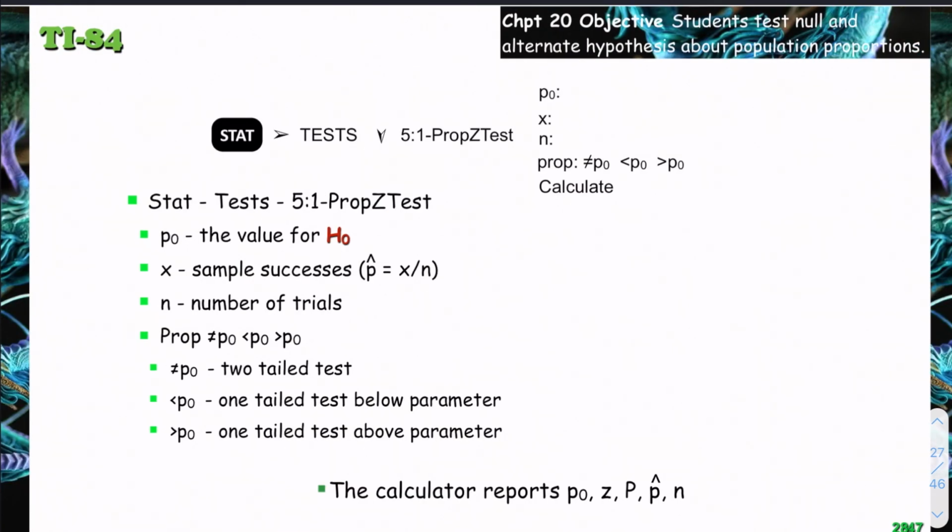So again, on your calculator, we're going to go STAT, TESTS, 1-PropZTest. Our calculator is going to report out the hypothesis test, the z-score, this is our test statistic, this is our p-value, this is our sample proportion, and this is our sample size.